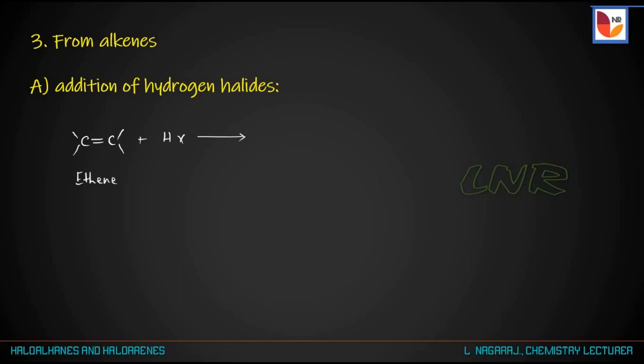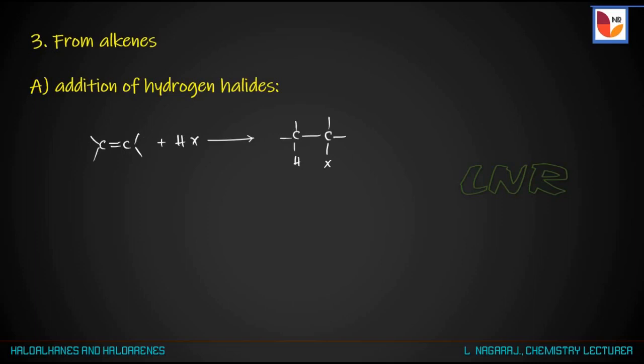When ethene undergoes addition reaction with hydrogen halides, the double bond is replaced, and it gives hydrogen on one carbon and halogen on the other. So it gives a haloalkane.